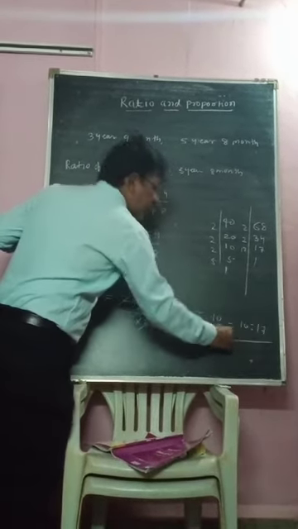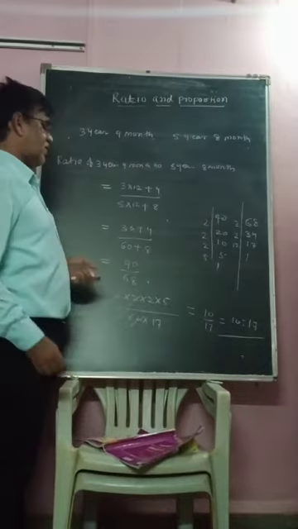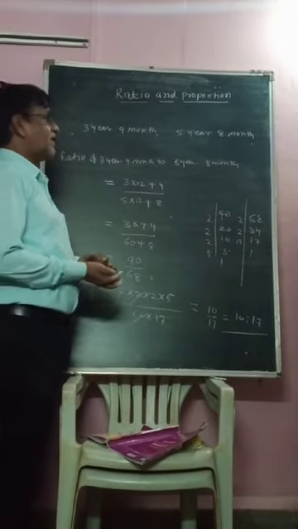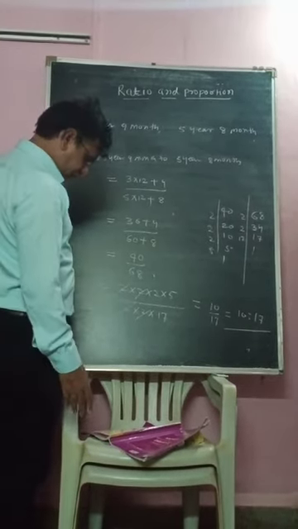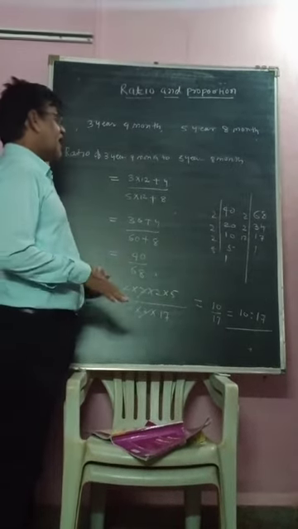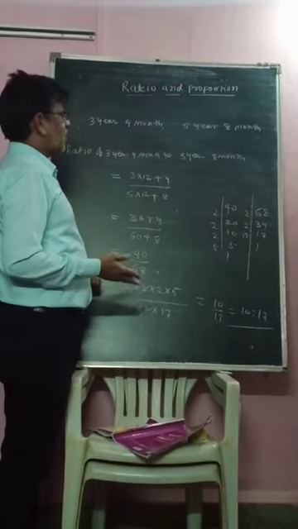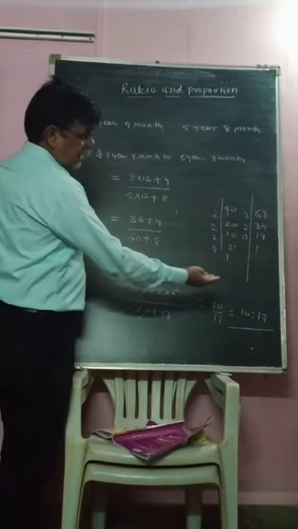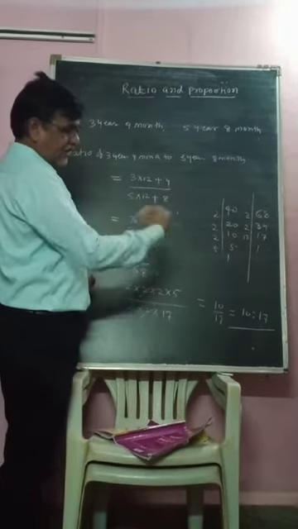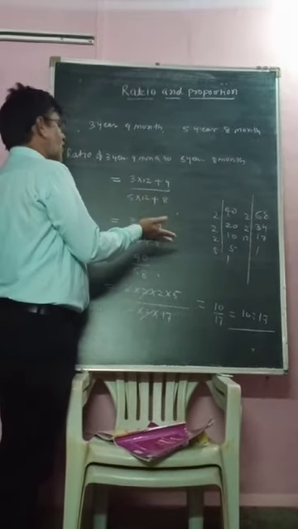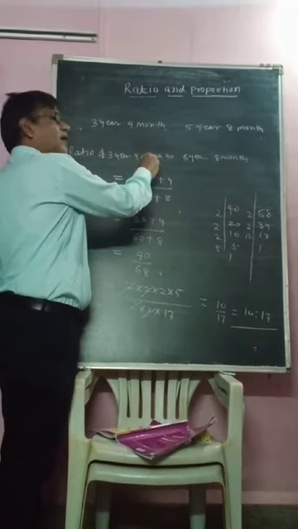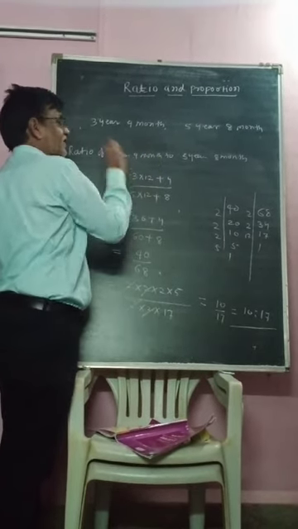In this way you can find out the simplest ratio of the given quantity. Okay, first quantity to second quantity. And if it asks to find the ratio of second quantity to first, it means 17 to 10. Right? First quantity to second quantity means the first quantity in the numerator, the second quantity in the denominator.